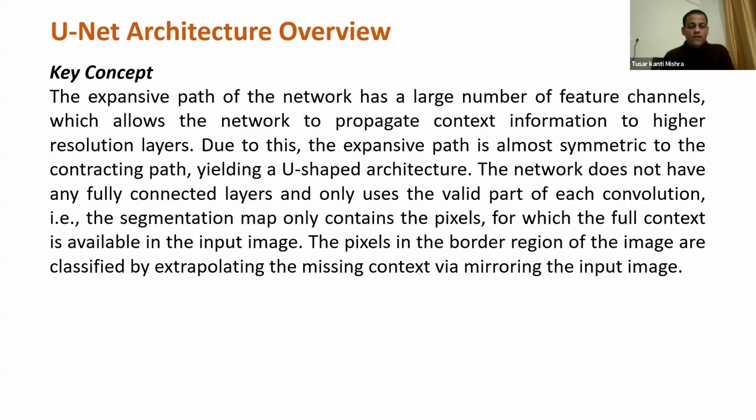Then only it will be able to do the segmentation, right? The pixels in the border regions of the input images are classified by extrapolating the missing context through mirroring the input image. So the system can focus on the informative pixel part and identify the segmented objects.